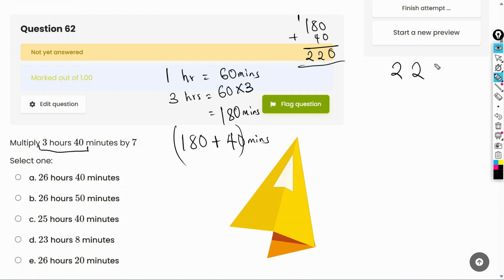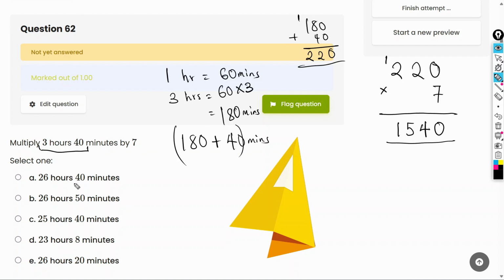So 220 times 7. 7 times 0 is 0. 7 times 2 is 14, 4 carry 1. 7 times 2 is 14 plus 1, that's 15. So we have 1,540 minutes.